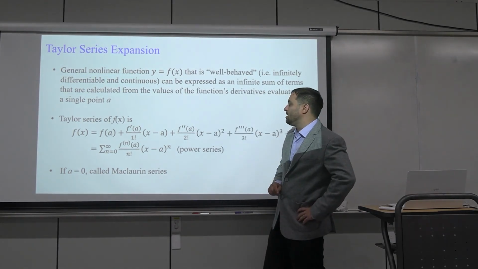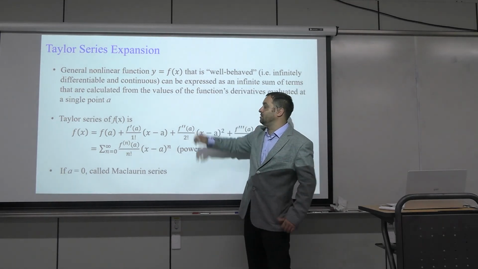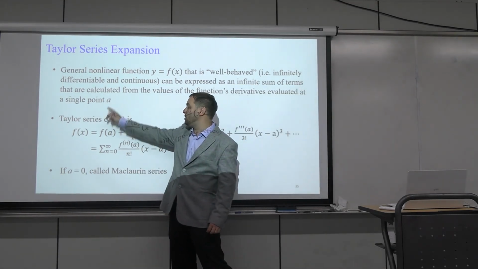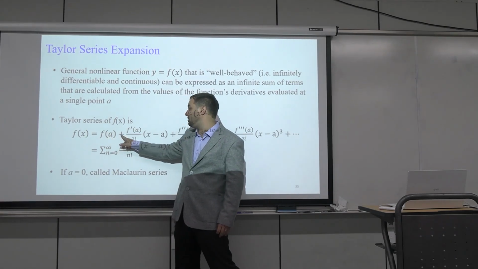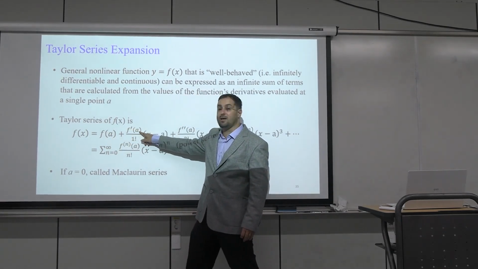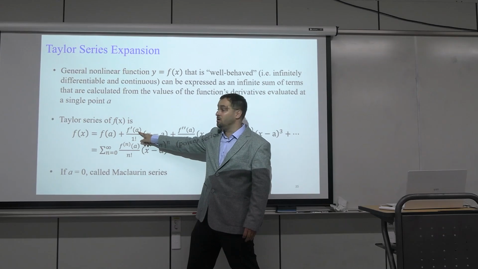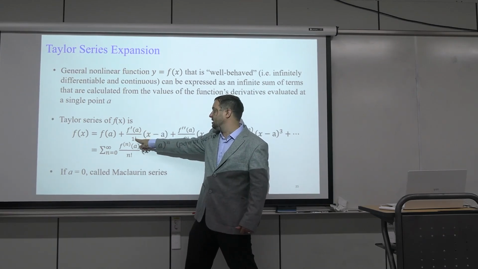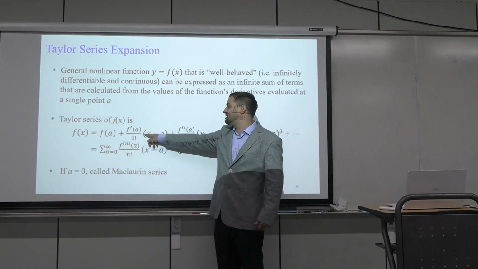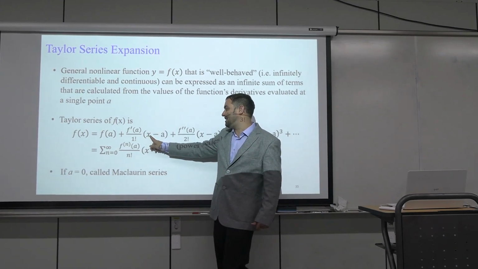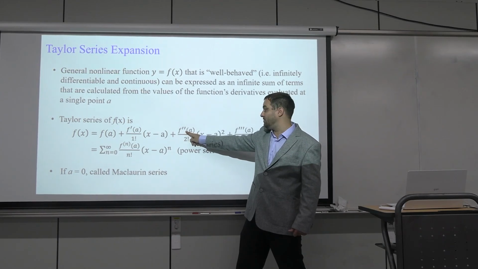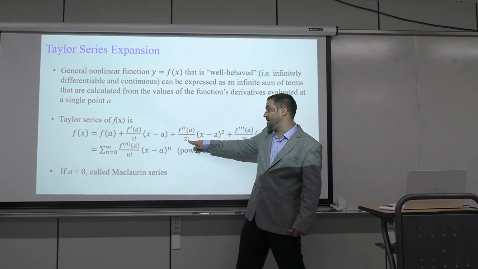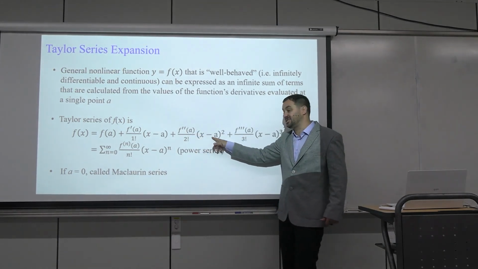And so the classic example for Taylor series expansion, you have some point a. It's the function evaluated at a, plus f prime evaluated at a, the first derivative of the function evaluated at x equals a, divided by 1 factorial, times the variable x minus a, plus the second derivative of f evaluated at a divided by 2 factorial times x minus a squared.